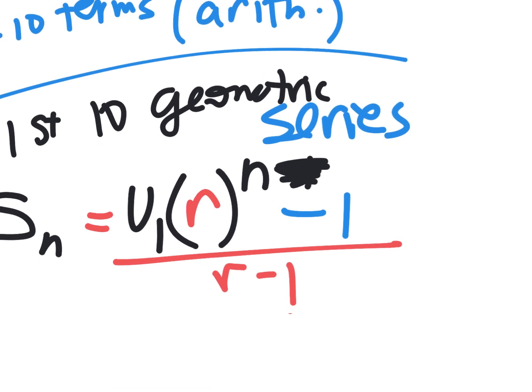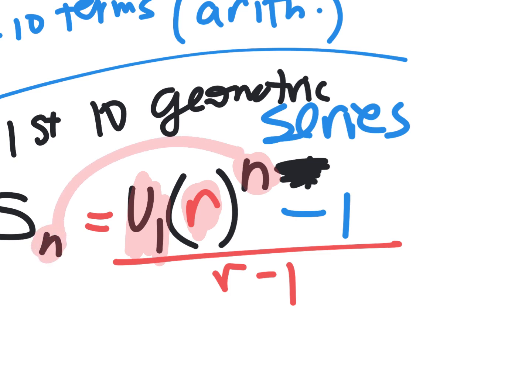If I told you that you had to do this, you'd have to figure out U sub 1 first. Well, everybody knows that one. It's just the first term, right? That's easy. This is the rate that it's going up or down, also known as the decay rate or the growth rate. This is the same as this.